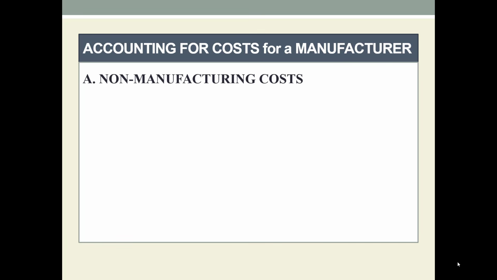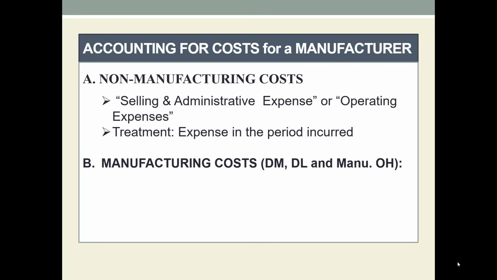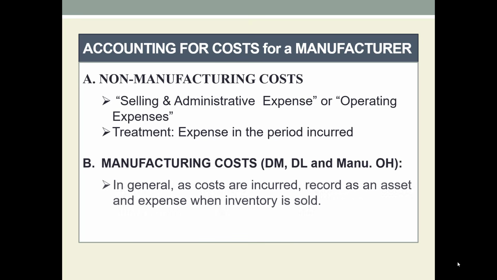Now, it is important to review that there are non-manufacturing costs, which, if you'll recall from our previous coverage, would include selling and administrative expense or operating expenses, and these are expensed in the period incurred. This is true for the retailer or the manufacturer. Manufacturing costs include direct material, direct labor, and manufacturing overhead.